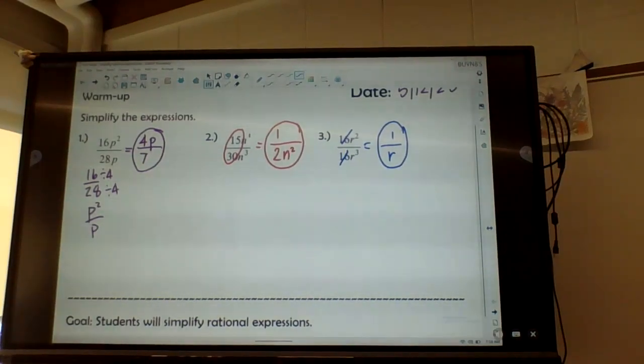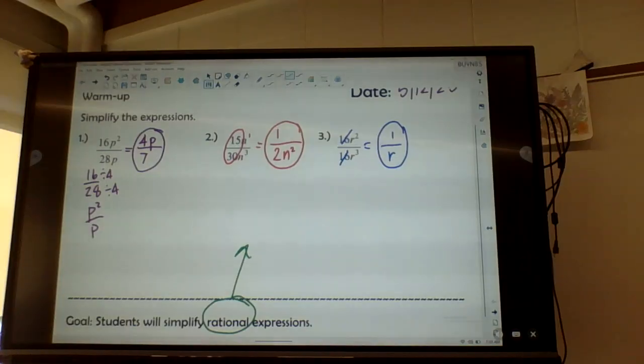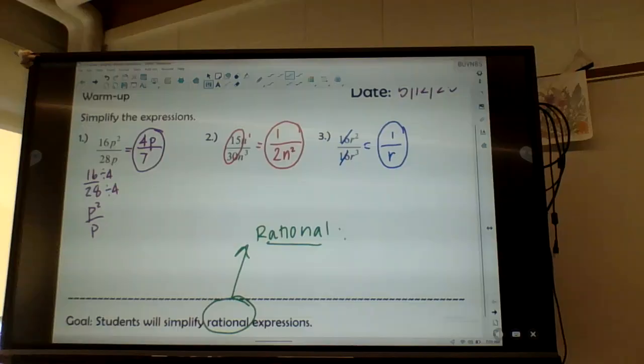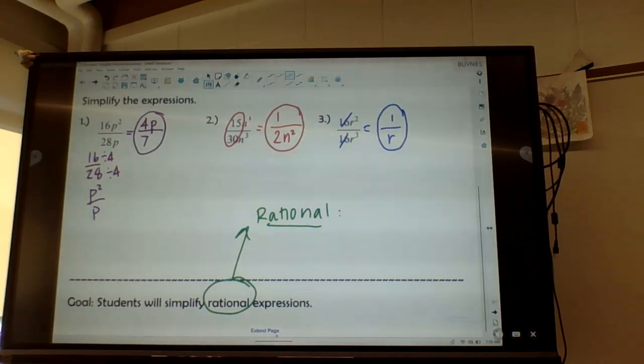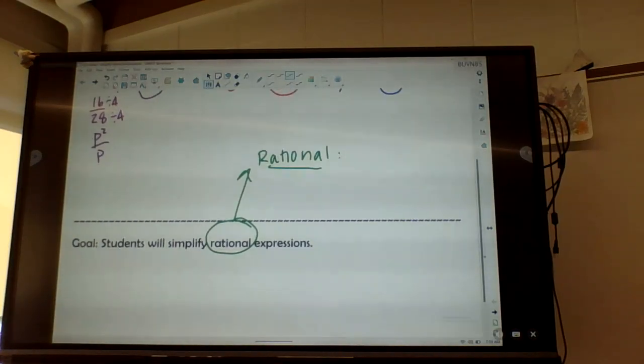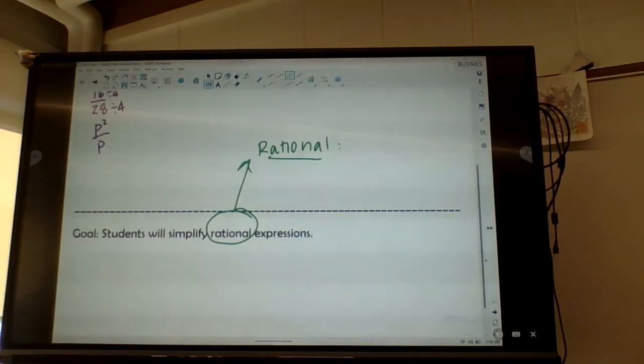Now, rational expressions, just to define that. The word rational has the word ratio in it. And so when you see the word rational, it means it has a fraction in the problem.